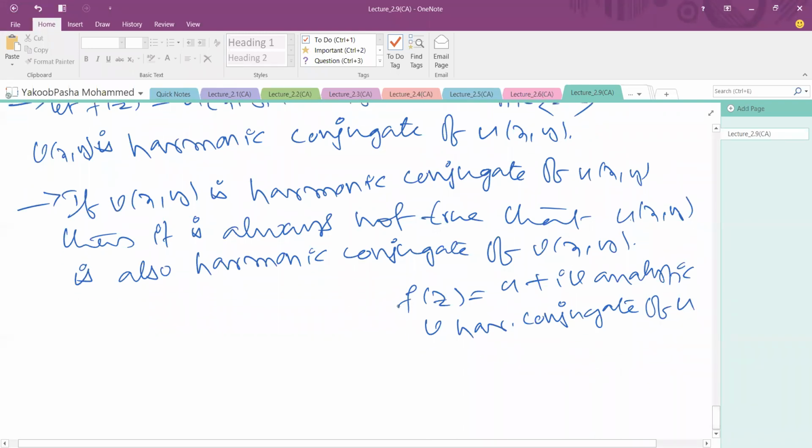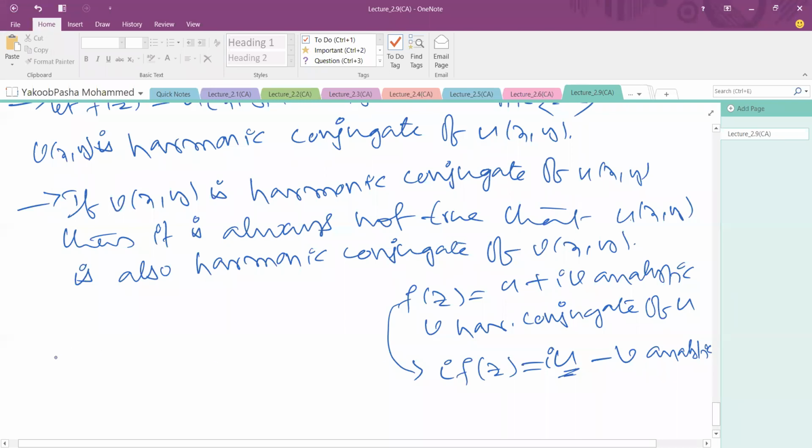If f of z is equal to u plus iv is an analytic function, and if we multiply with i, then we get i into f of z is equal to i into u minus v, which is also analytic. In this case, my imaginary part is u and real part is minus v. That means u is the harmonic conjugate of minus v, or minus u is the harmonic conjugate of v.